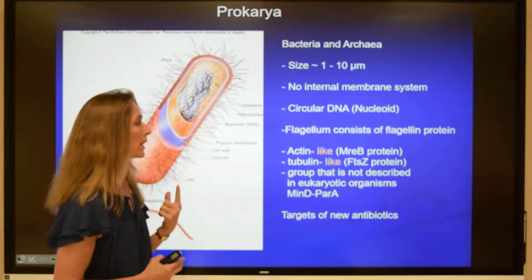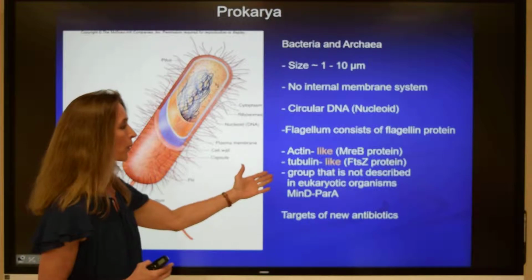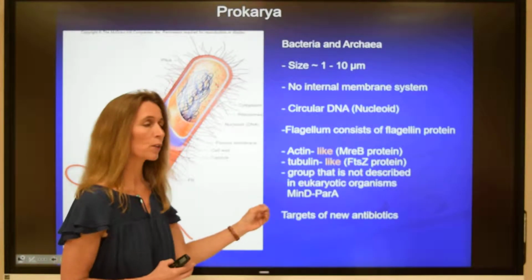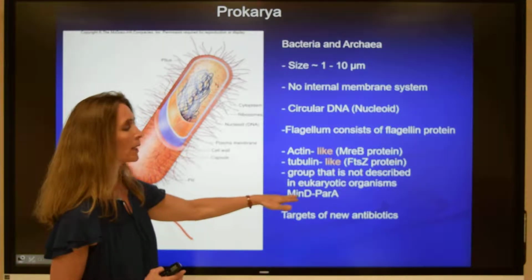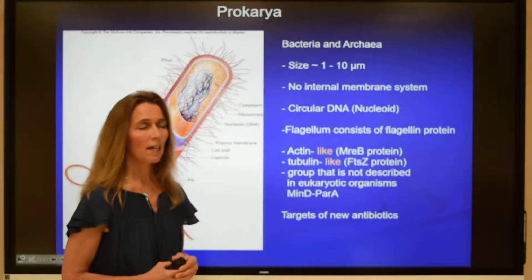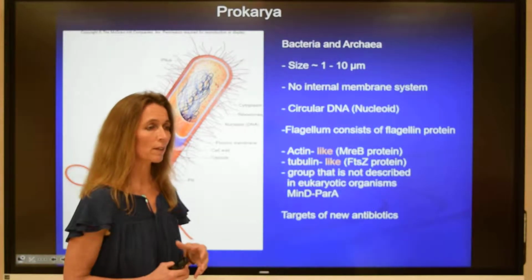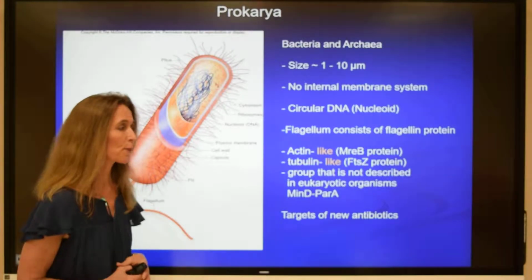Interestingly, there's another group within the prokaryotic organisms that we have not described in eukaryotic organisms, and these are the MinD/ParA proteins. These seem to be characteristic for prokaryotic organisms.